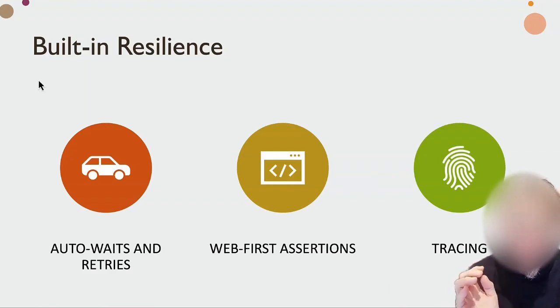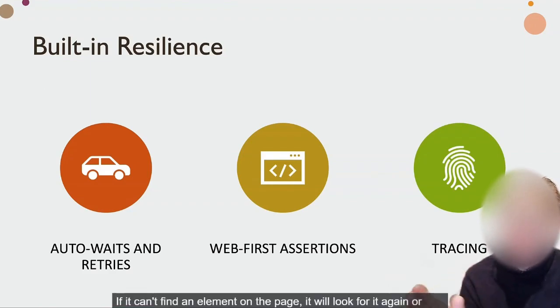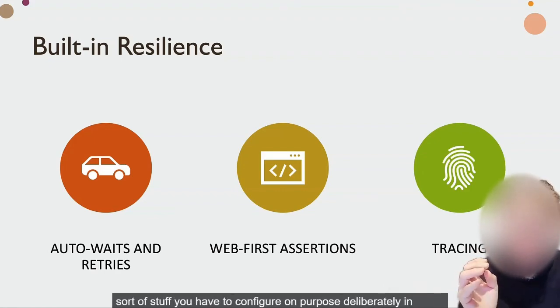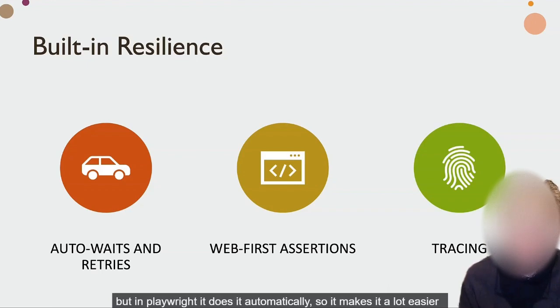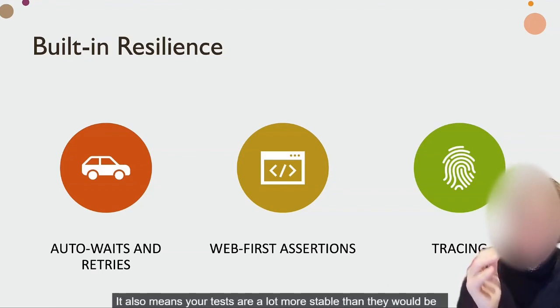For example, it supports auto waits and retries. If it can't find an element on the page, it will look for it again or keep waiting a little bit. That sort of stuff you have to configure on purpose, deliberately in Selenium, which is a bit of a pain, but in Playwright, it does it automatically, so it makes it a lot easier to work with. It also means your tests are a lot more stable than they would be otherwise.